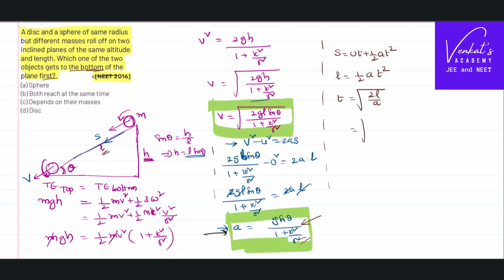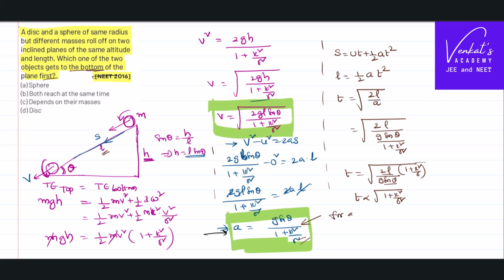So root 2L by a means g sin theta by 1 plus k square by r square. So time to reach the bottom is root 2L by g sin theta times 1 plus k square by r square. As all these terms are constants, it's very clear time is directly proportional to root of 1 plus k square by r square.